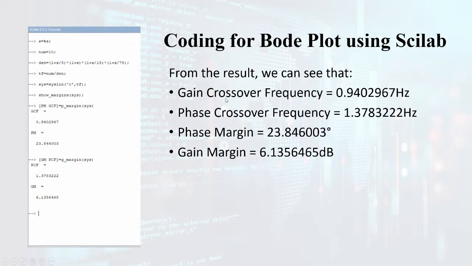From the result, we can conclude that the gain crossover frequency is equal to 0.9402967 Hz and 1.3783222 Hz is the phase crossover frequency. And the last part is the phase margin is equal to 23.846 degrees, while the gain margin is equal to 6.1356465 decibels.